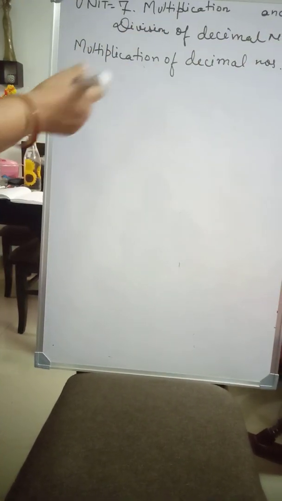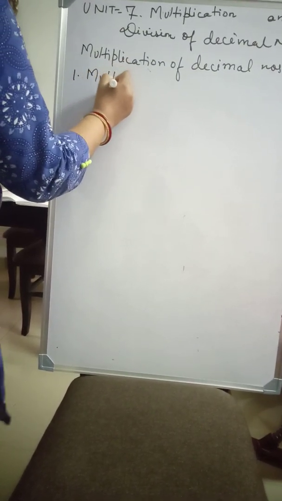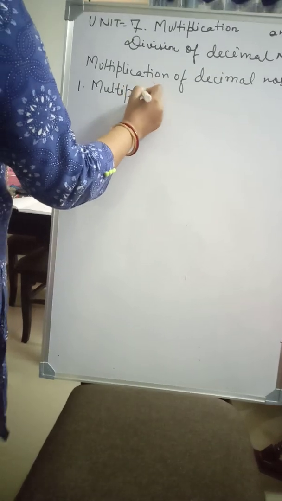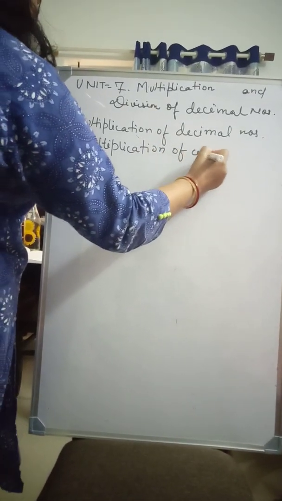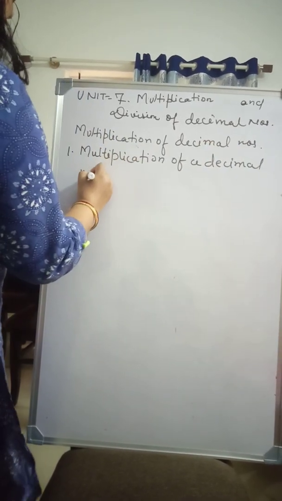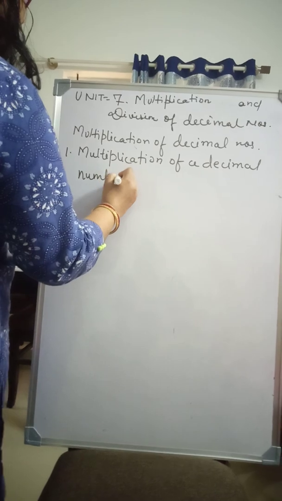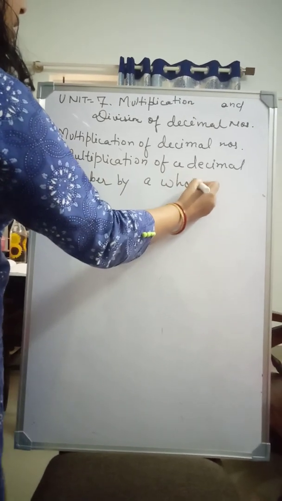So let us discuss, for example, firstly multiplication of a decimal number by a whole number.